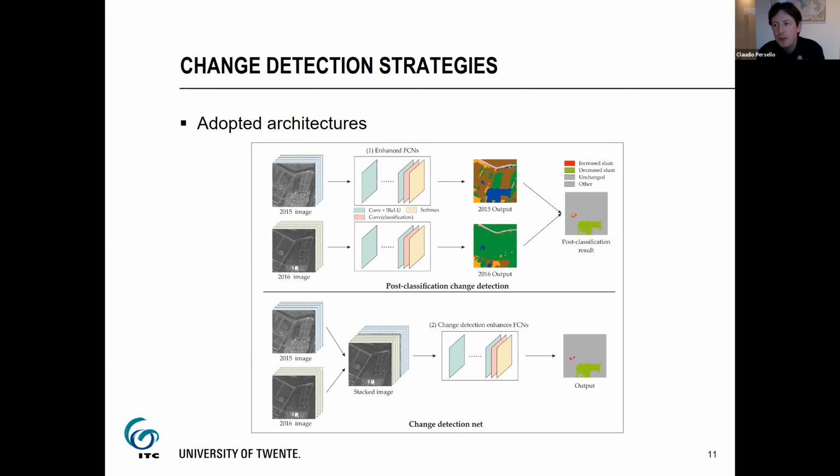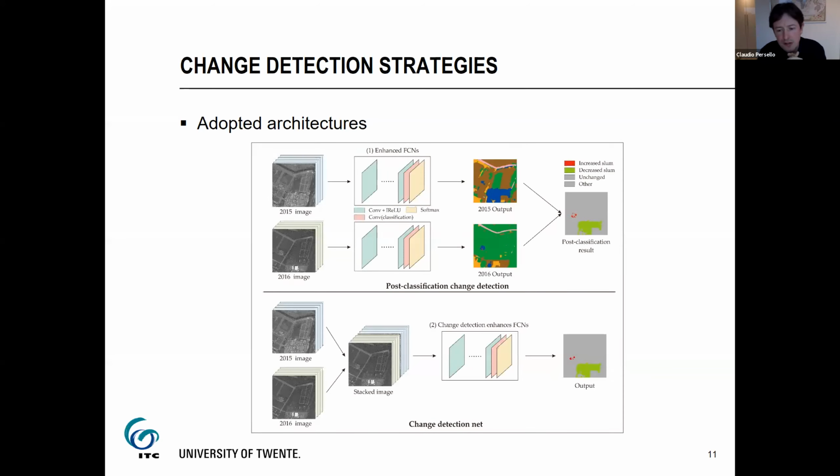We have seen, let's say, pros and cons of these two different strategies. In general, we obtain higher performance with the first approach. And one additional advantage is that in this case, we can also map the different types of changes. So we can also semantically characterize the changes.